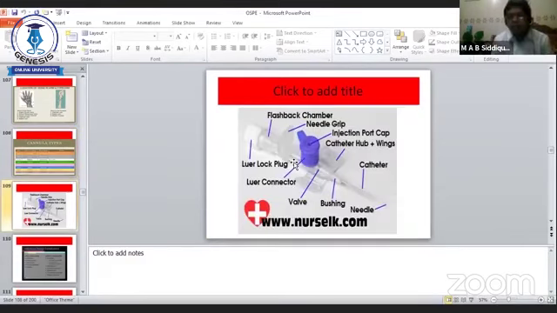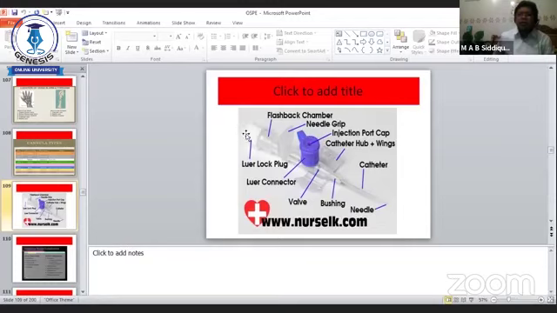So these are the parts of the cannula. This is the catheter, this is the bushing, and this is the valve and injection port. This port is very important. We use this port for injection.